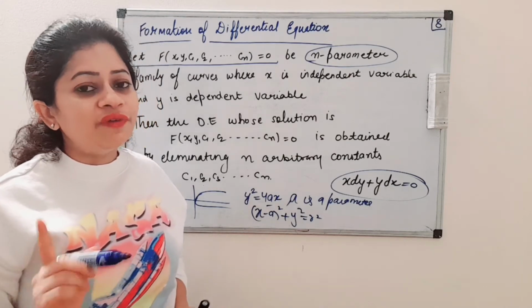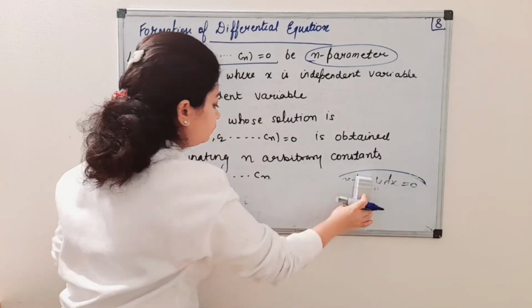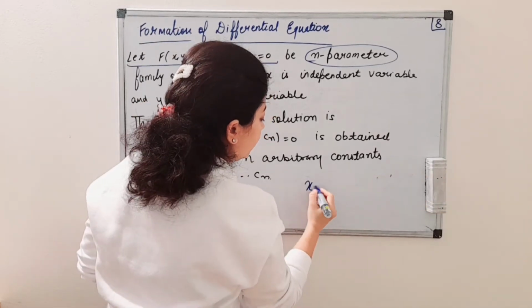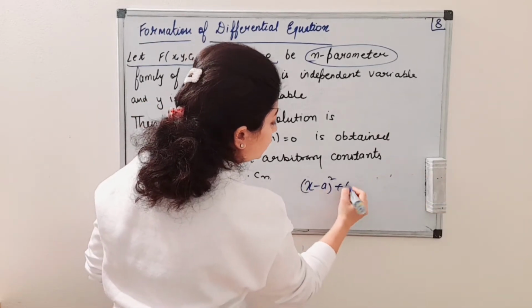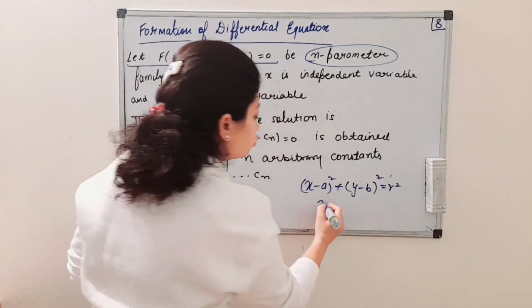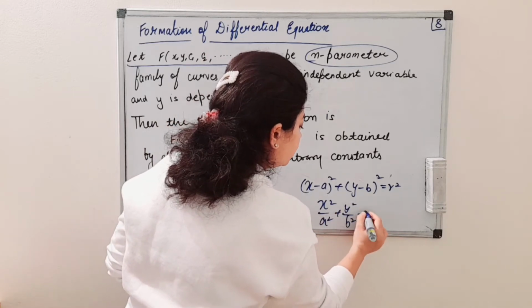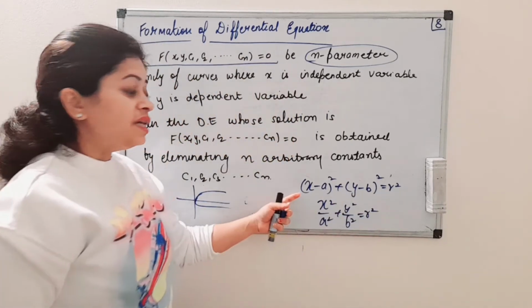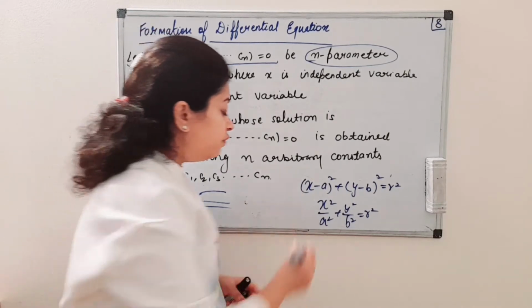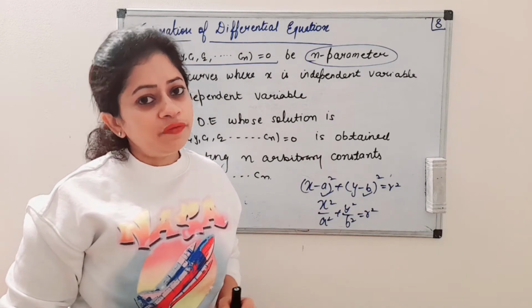Suppose we have x minus a whole square plus y minus b whole square equal to r square, or x square upon a square plus y square upon b square equal to r square. So these types of equations where we have two parameters are two parameter families of curves.